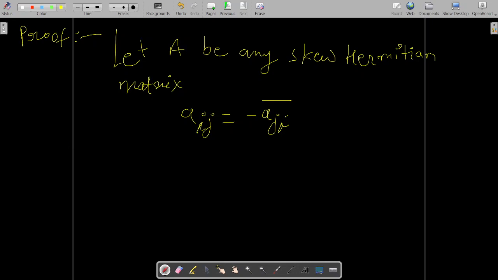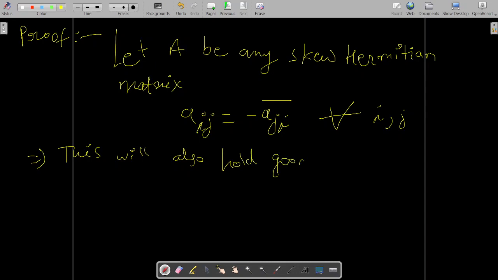This holds for all i, j, which implies that this will also hold good for diagonal elements.